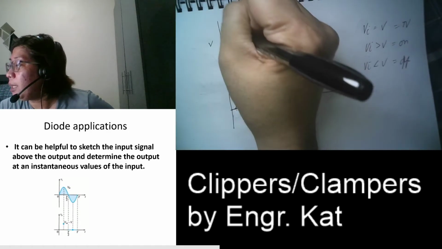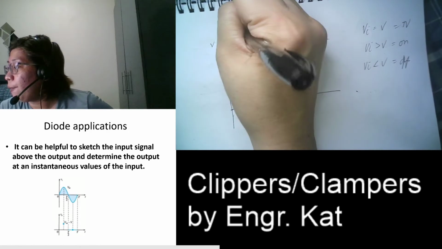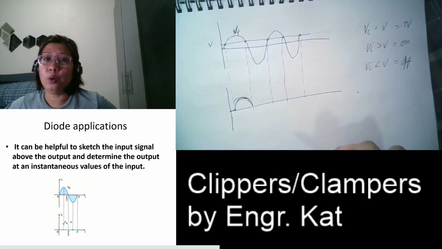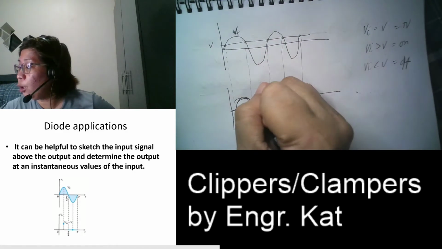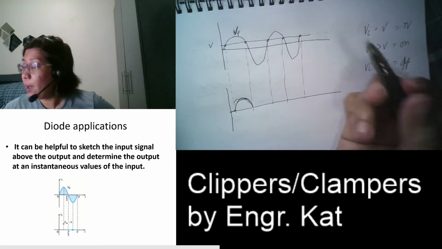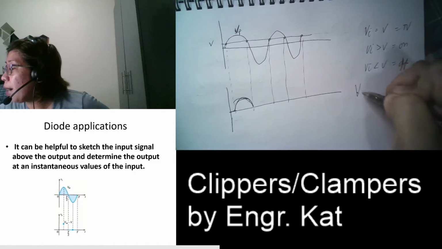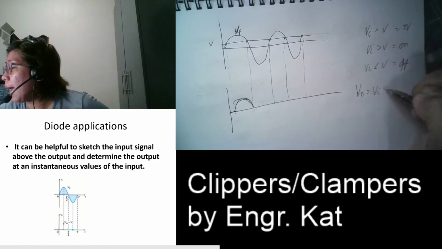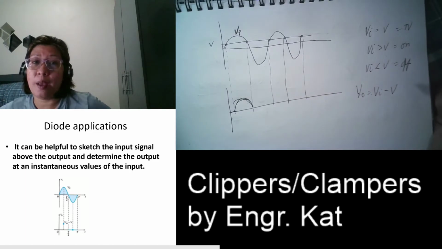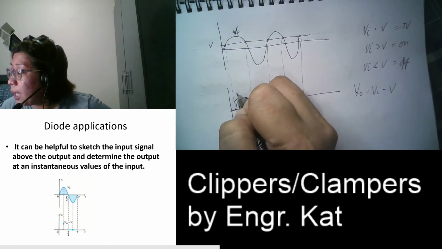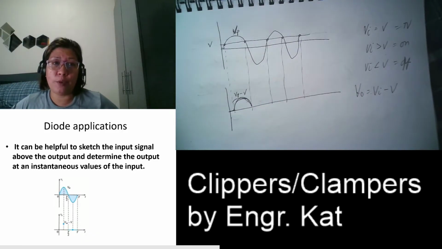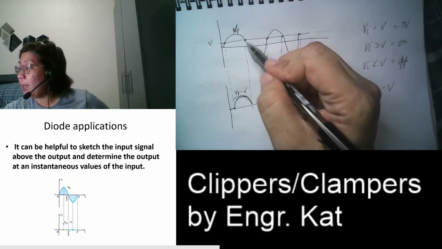But if this is peak value, this is no longer peak value. Why? Because our output is equal to Vi minus a certain V. So this is a somewhat lower value, which is equivalent to Vp minus V. And then we have a transition.